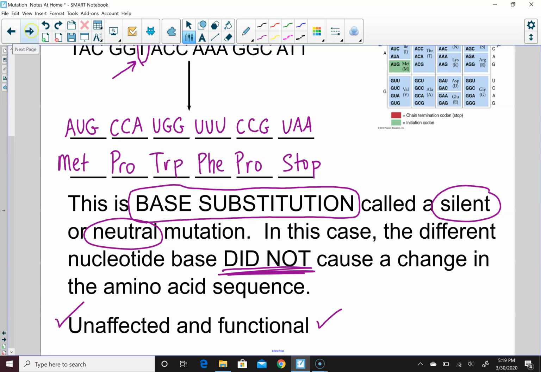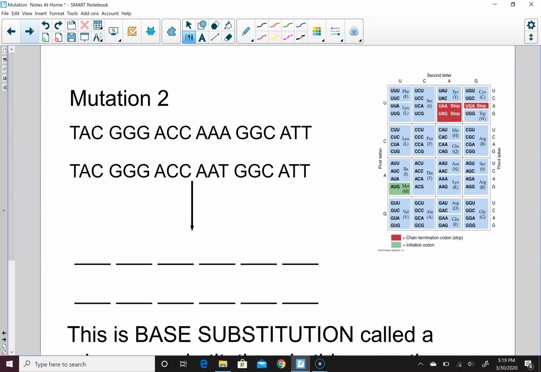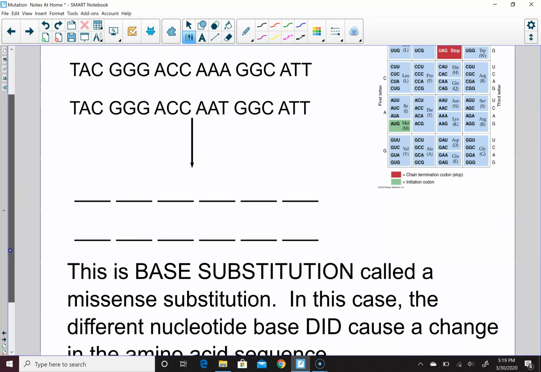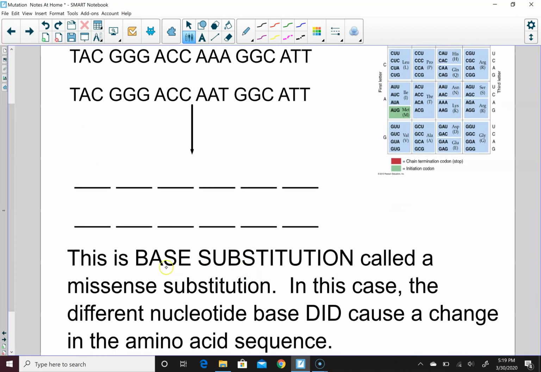Let's see mutation number 2. All right, so I'm looking. Again, I'm giving it away. I'm giving you a hint. I'm telling you it's a base substitution, so we're only looking for one mistake. So let's see. Right there. There's my mistake right there. So I know that this is AUG now for the third time.